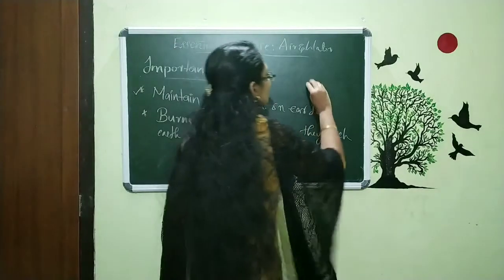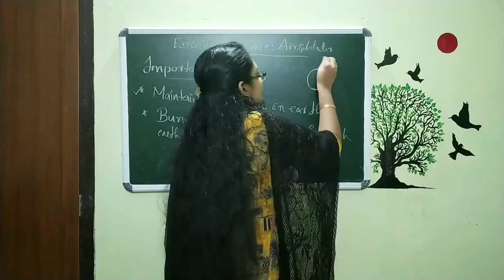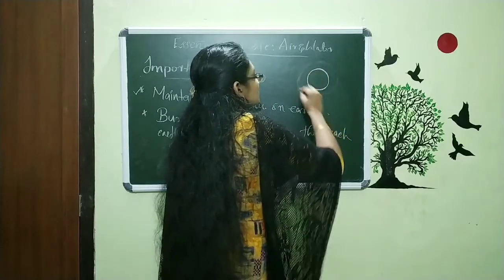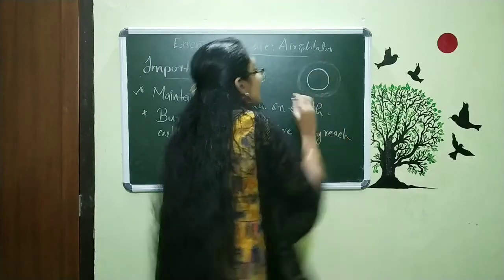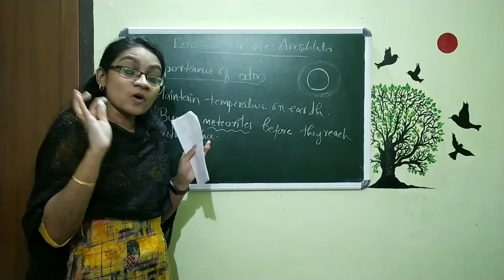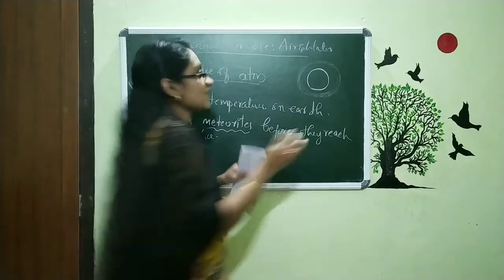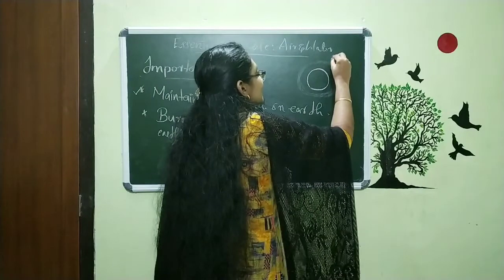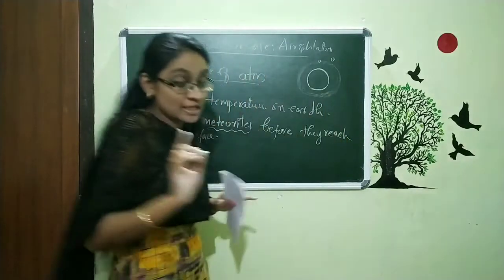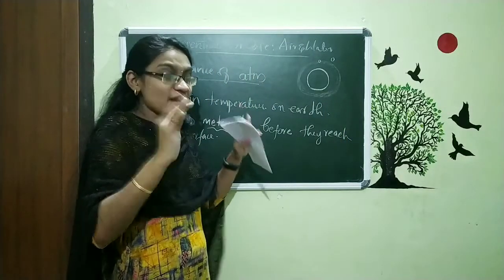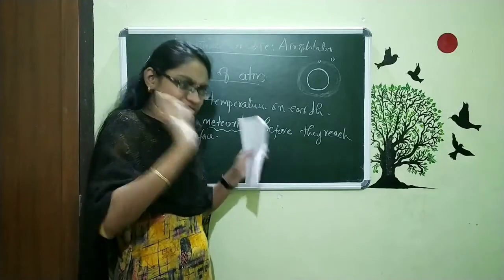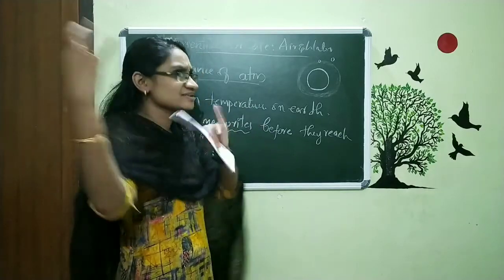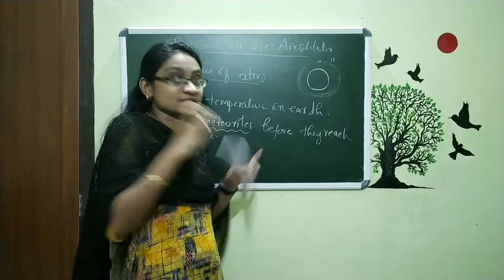For our Earth, we know that we have the atmosphere. At the same time, some rock-like substances are present in space, and they are very fast-moving particles. That means stone or something. Just imagine a stone moving with very fast speed.